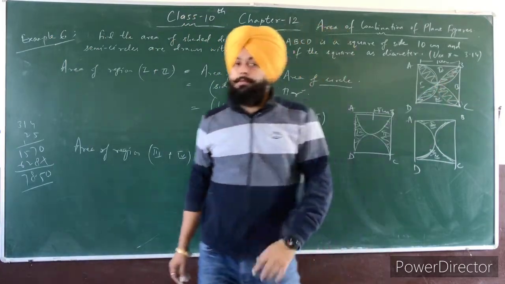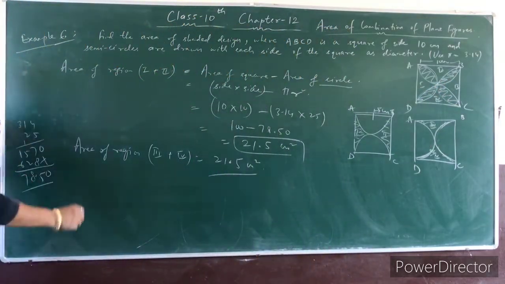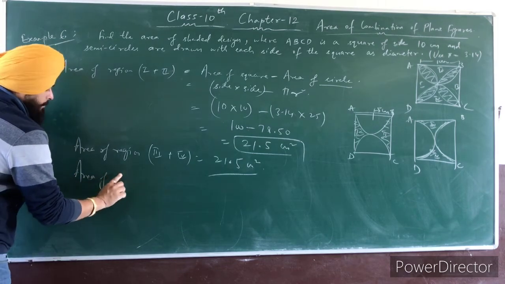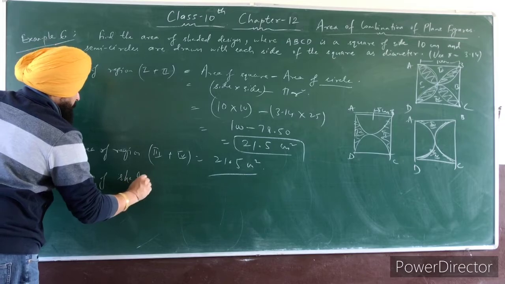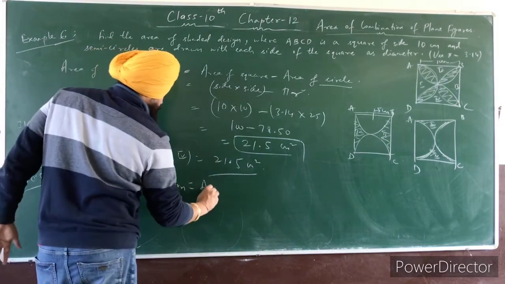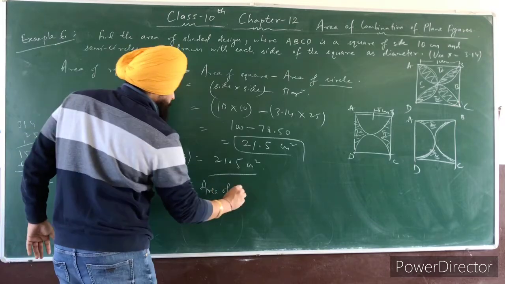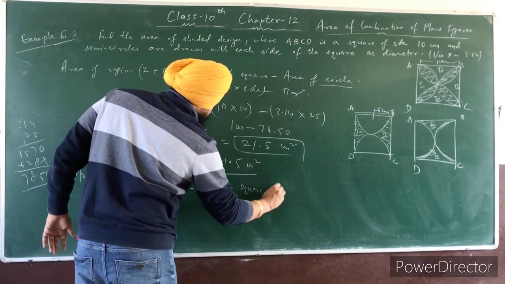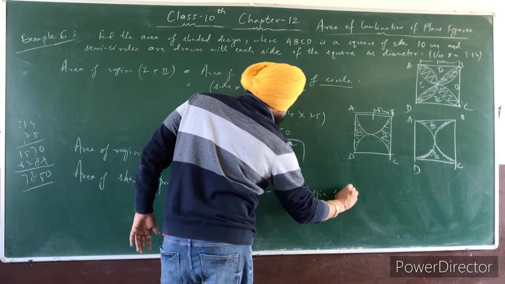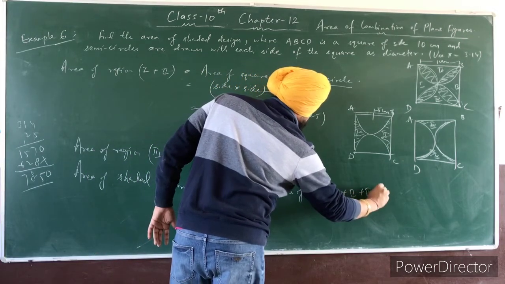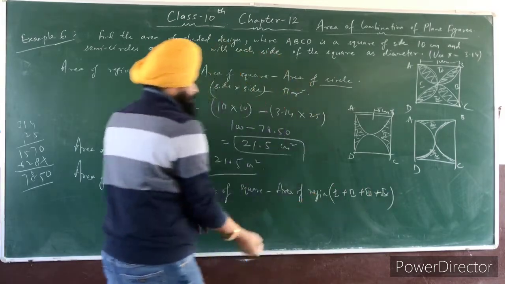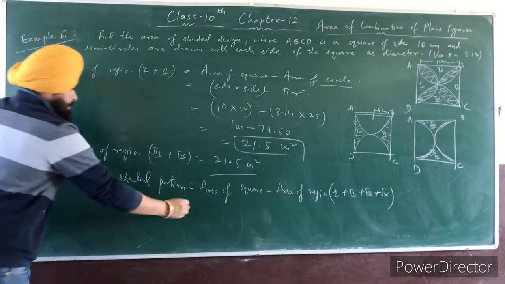Or you can say shaded portion. So area of shaded portion is area of square minus area of regions 1, 2, 3 and 4. So what is the area of square?